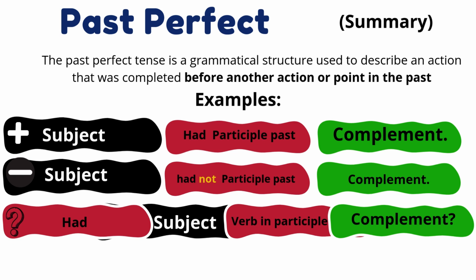Negative form: you need subject, your auxiliary verb had, the negative word not, and your verb in past participle, plus your complement. In interrogative form, you need your auxiliary verb had, your subject, your verb in past participle, and your complement.